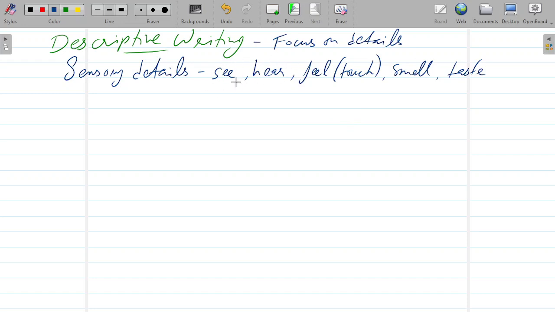Seeing and hearing always works, so you always have those. It's about the other three, right? Whether you can fit them in, and there are techniques for doing that, right? If you're not able to fit it in directly, there are other ways of doing it. And depending on the question, you also want to give emotional details, right?